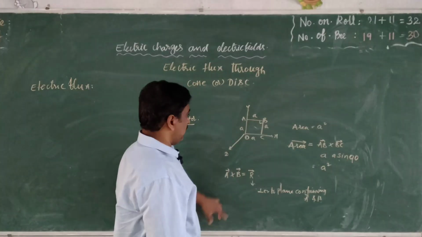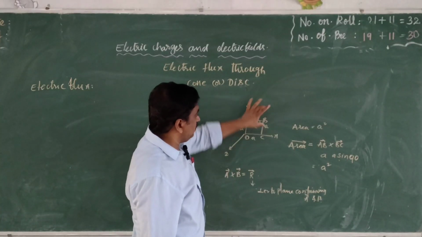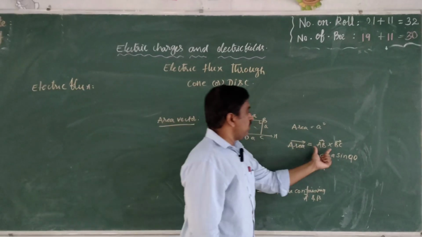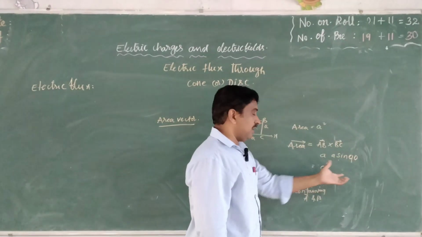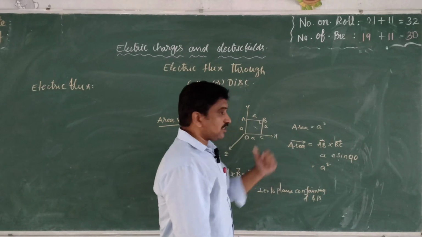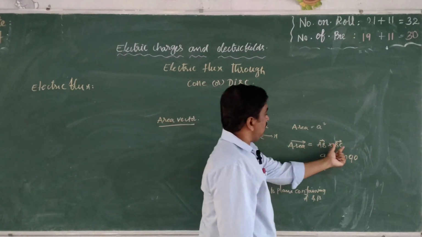For example, AB is one vector, BC is another vector. AB cross BC means a times a times sin 90, which is a square. What is the direction of this? The two vectors here are AB and BC, and their cross product gives the resultant. That resultant direction is always perpendicular to the plane containing the two vectors.